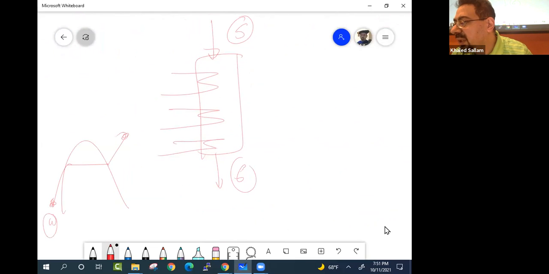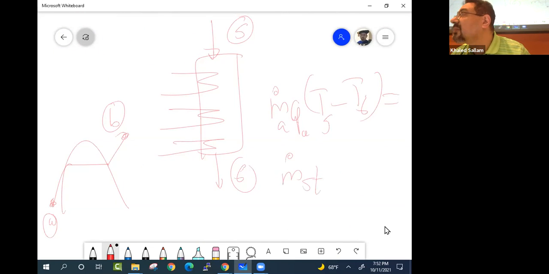Let me call this point A and this is point B. So that's easy. m dot air, Cp air, T5 minus T6 equal to m dot steam times what? Help me. HA minus HE, yeah, HB minus HE, correct.